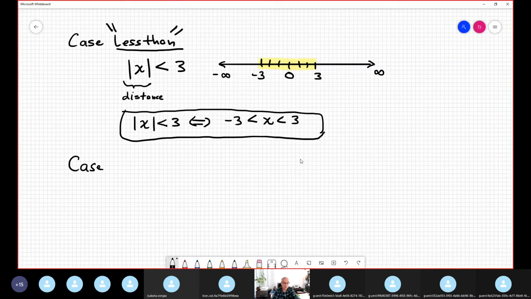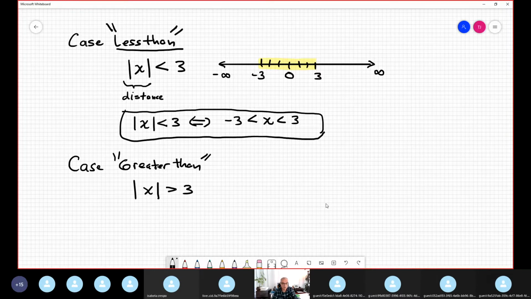The case greater than. Greater than is too far. This is the distance: the absolute value of x greater than 3. This is distance again, right?